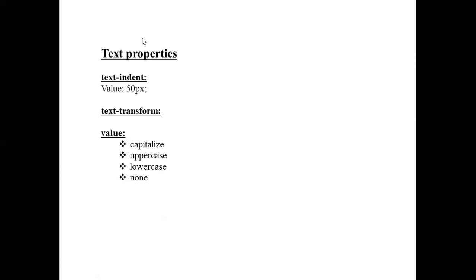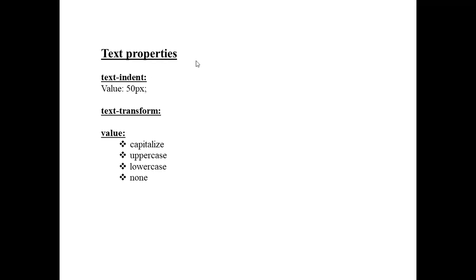Next, text indent. The text-indent property specifies the indentation of the first line in a text block. Suppose you give text-indent: 50px, that means there is a 50 pixel space before the first line. Next, text transform.